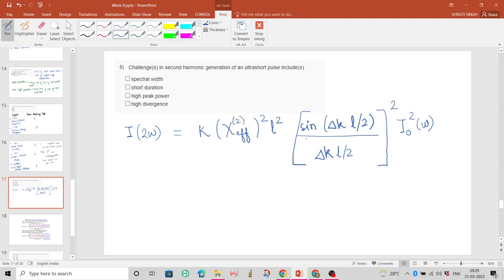So these are the different terms: constant, high second order susceptibility, coherence length, and this is the factor which comes from the mode locking thing, and this is the intensity of our fundamental.